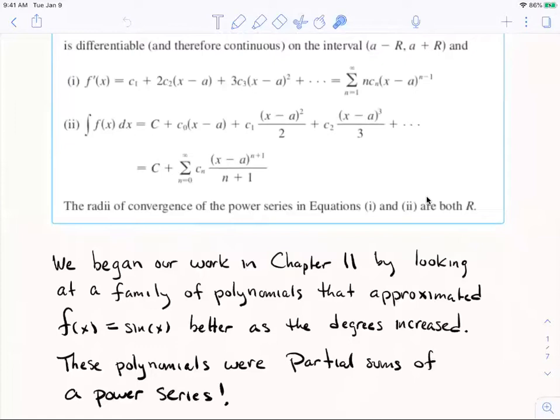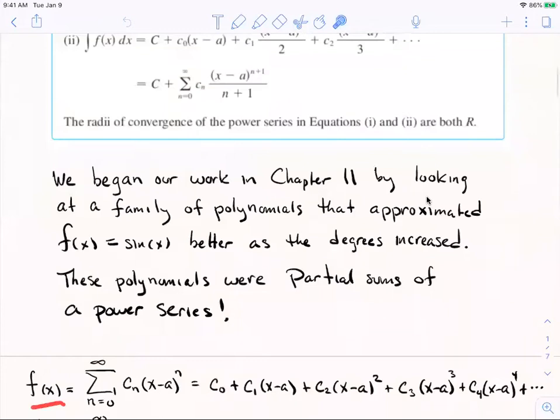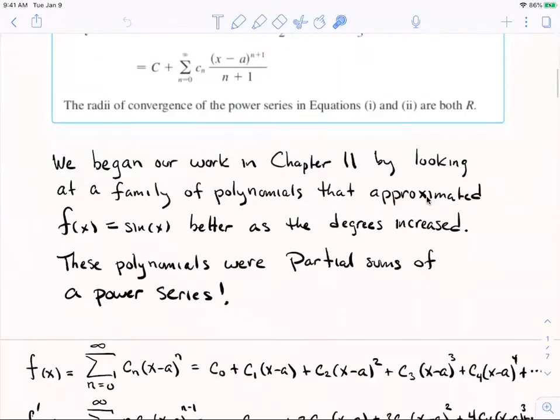So here's the idea. You have some function, maybe it's sine of x, and you'd like to write that function down as a power series, most of the time because you want to truncate it somewhere and use some polynomial to approximate it. But let's just say we want the whole series for a second. So I want some function, and I want it to be a power series. So what don't I know? I don't know the coefficients.